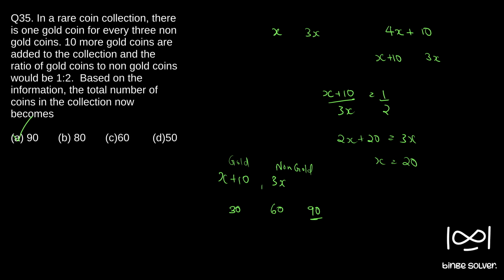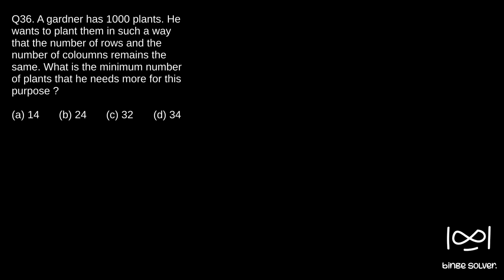Next question, question 36. A gardener has 1,000 plants. He wants to plant them in such a way that the number of rows and number of columns remain the same. What is the minimum number of plants that he needs more for this purpose? So basically, if the number of rows and columns is the same, we have x into x as the total number of plants.